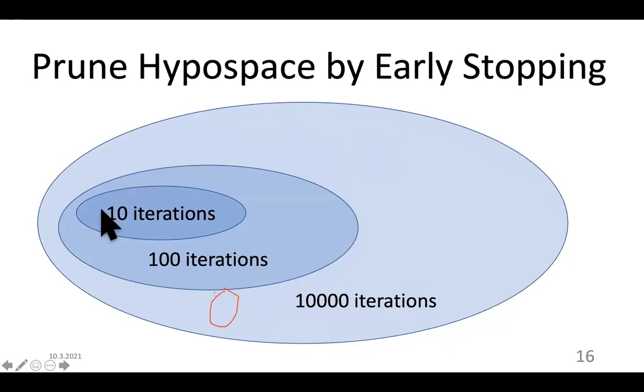When you run an algorithm for 10 iterations, it explores this area of the overall hypothesis space. So you reduce the effective hypothesis space to this subset here. If you use 100 iterations, you explore a bit more, but still not the whole space. And if you use 10,000 iterations, you explore the whole hypothesis space. So by early stopping an iterative algorithm, for example, gradient descent, you reduce the hypothesis space effectively.